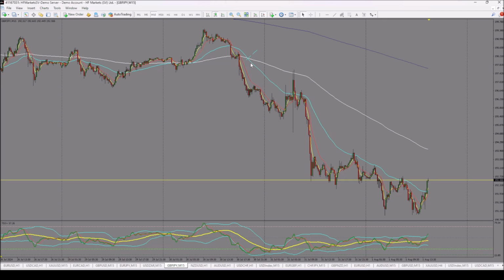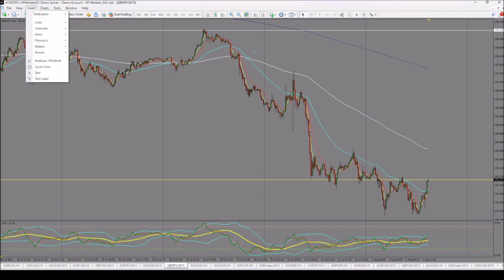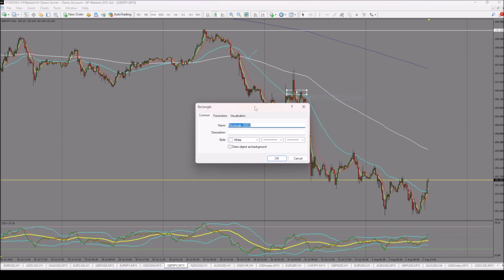If we ever see the 200, the one in white, and the 50, the one in blue, crossing over, the next thing is to anticipate that where the market is coming from is a reset point. So the first thing is to see an impulse, and then after that impulse has been issued, we need to see a pullback of the market to the 50 EMA, like what happened here.